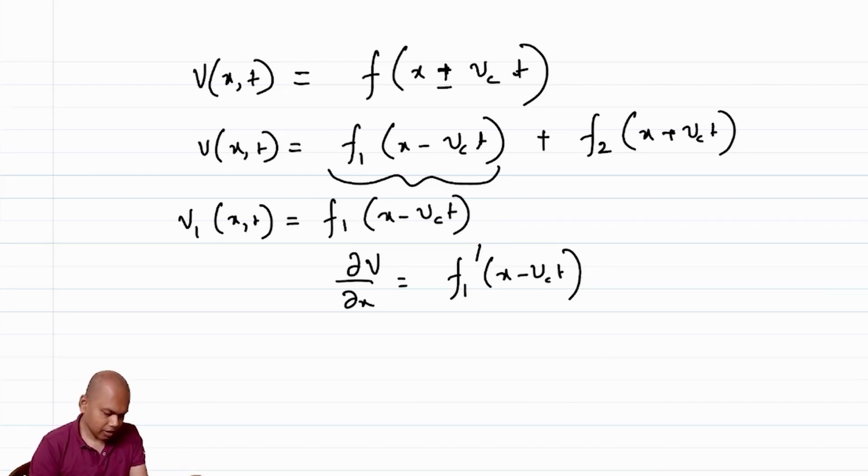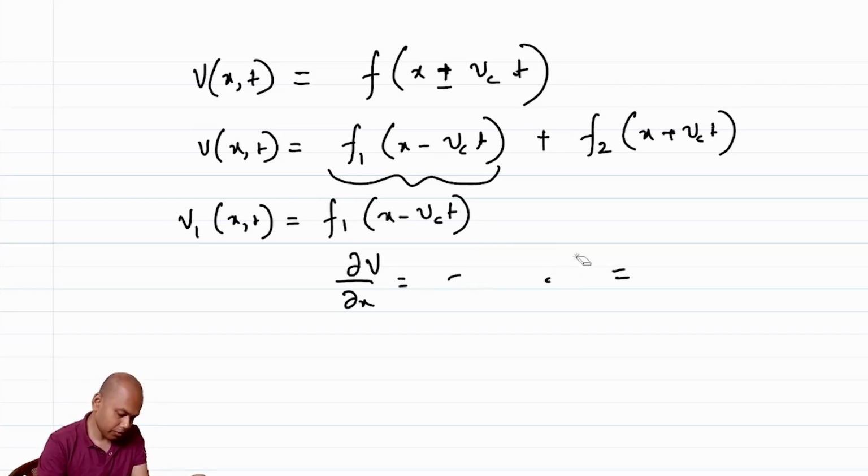And let me make it sufficiently clear that I am doing this derivative with respect to x. So this is del v1 del x, f1 of x minus v_c t.